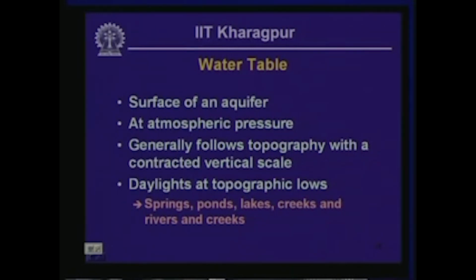Because of that, it is going to get exposed to the ground surface at isolated locations. These locations typically lead to the formation of springs, ponds, lakes, creeks and rivers.